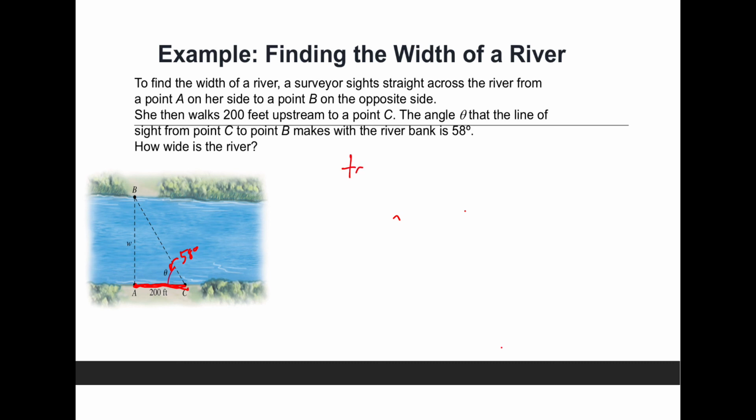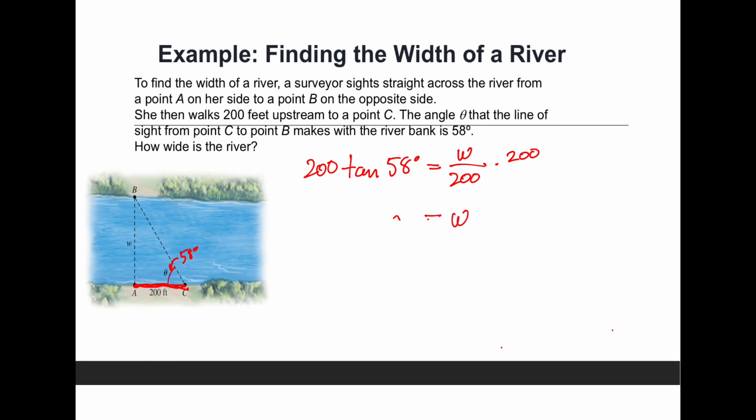So the tangent we know we can use of 58 degrees should be equal to my opposite, so W over 200. So here we're using the opposite over adjacent, multiplying both sides by 200.